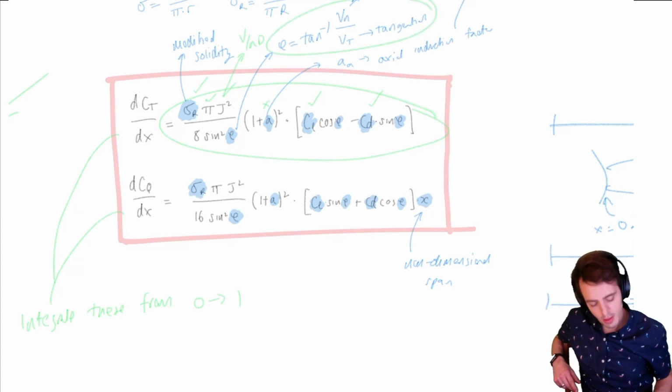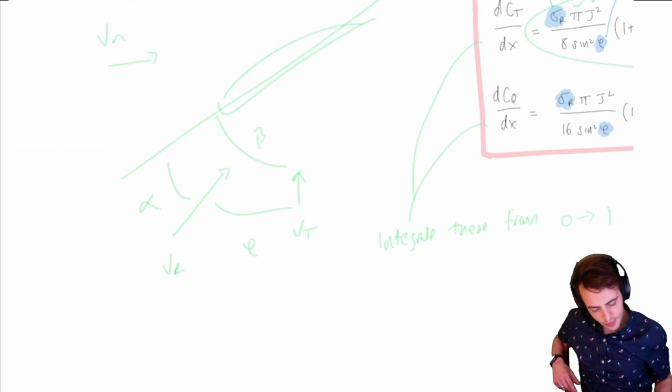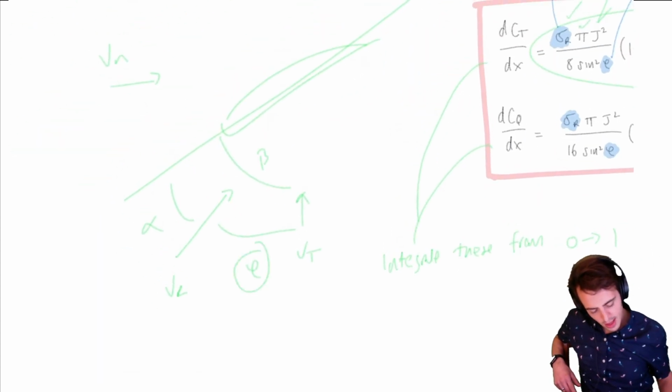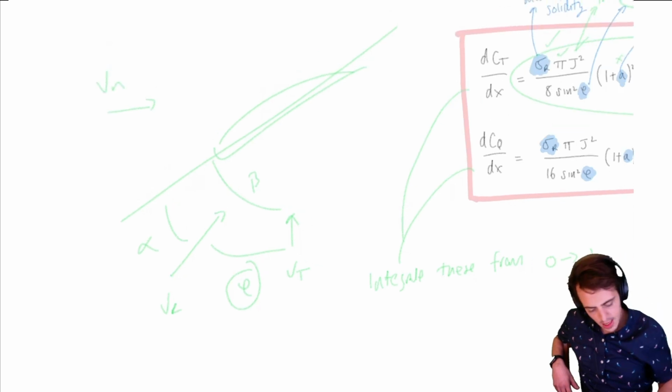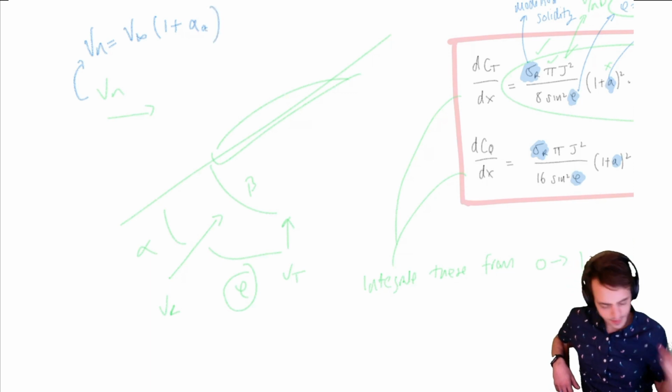So let's have a look at this one up here. If we remember this velocity diagram over here, then our advance angle is a function of Vn and Vt. So let's just remember what these are. So Vn is actually equal to whatever our incident velocity is, multiplied by 1 plus the axial induction factor.